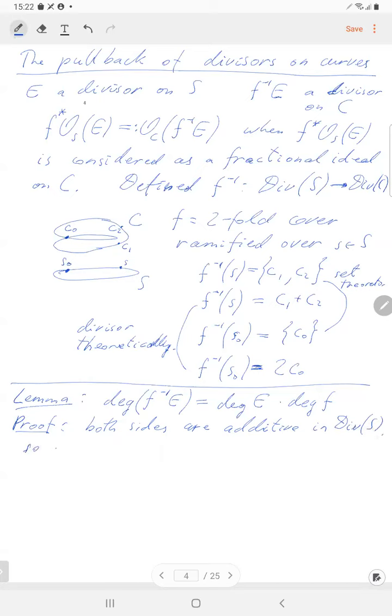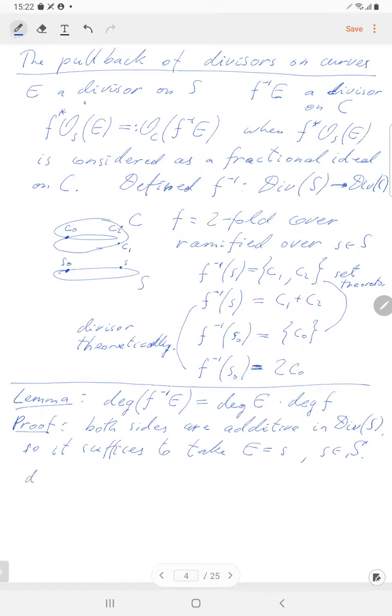So it suffices to take E just 1 point with multiplicity 1, like a small point S. Okay, and then let's compute.